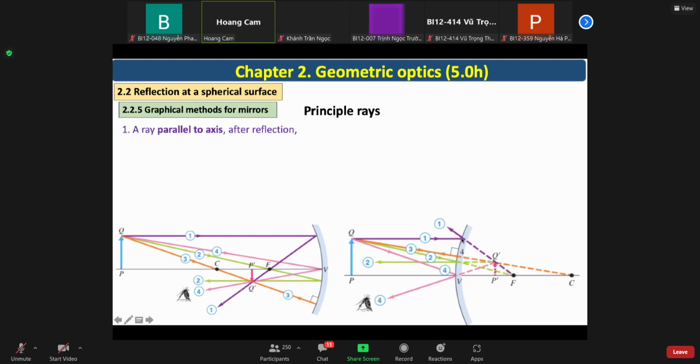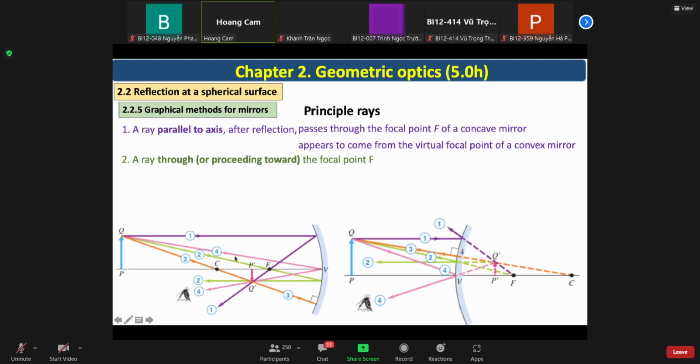So in fact, it is reflected and doesn't pass through the real point here, right? So for the concave mirror it passes through the focal point, but for the convex one, it appears to come from the virtual focal point of the convex mirror. So pay attention to the way we draw for the two types of mirrors.